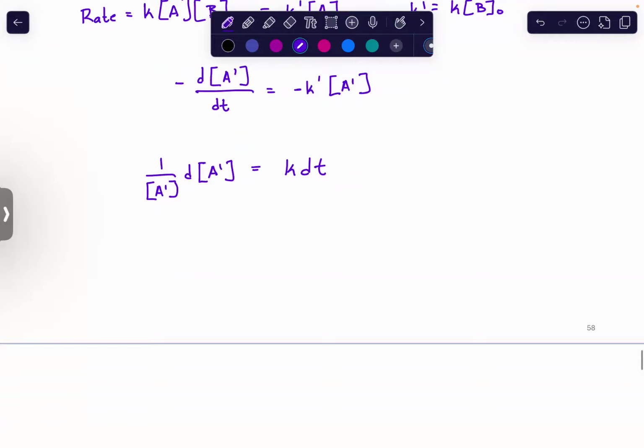So as we go through and solve this, you notice that this left-hand side, the integral is going to give us our natural log again. So as we solve this, go back up to the first order rate law.